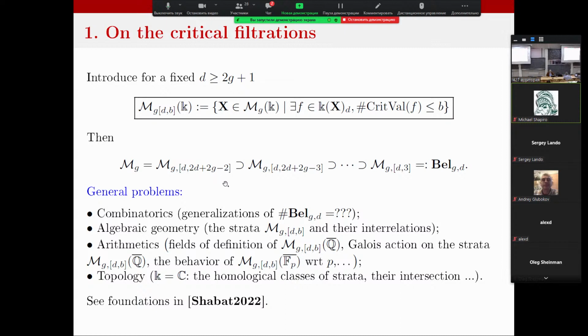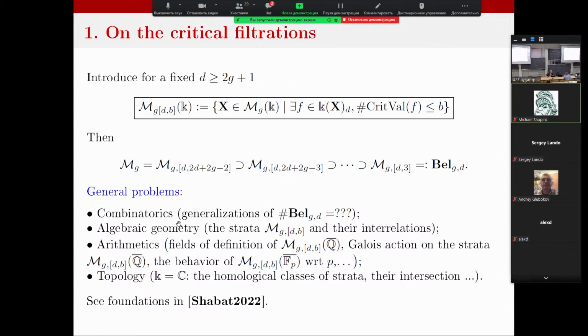So now, briefly, the general problems that can be related to this construction. I grouped them into four classes according to the various branches of mathematics.